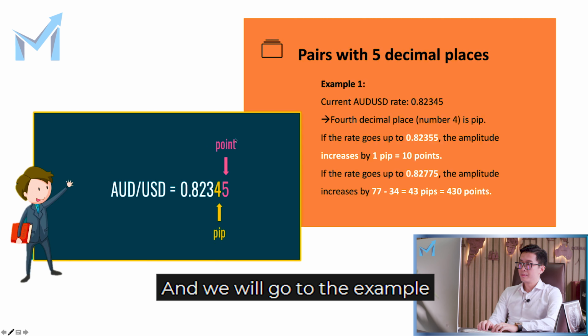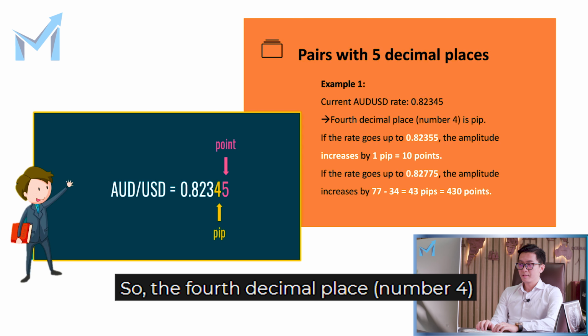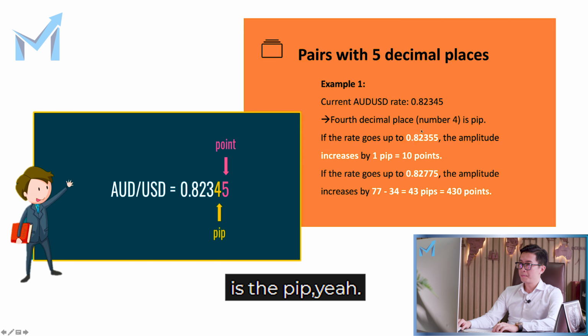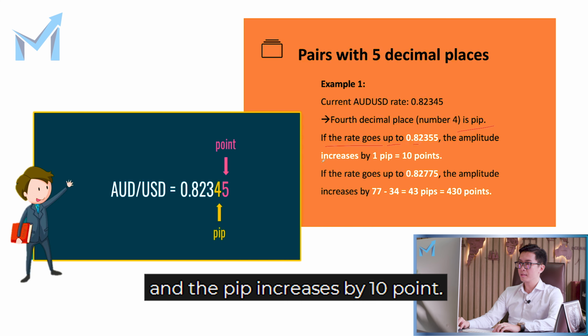And we will go to the example. For example, the Australian dollar and US dollar rate is 0.82345. So the 4th decimal place, number 4, is the pip. If the rate goes up to 0.82355, the pip increased by 10 points.